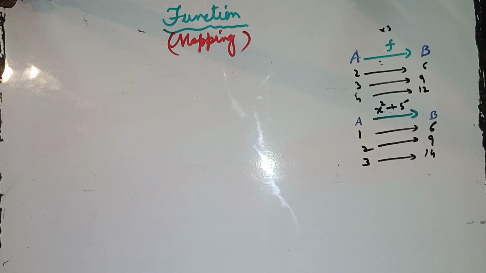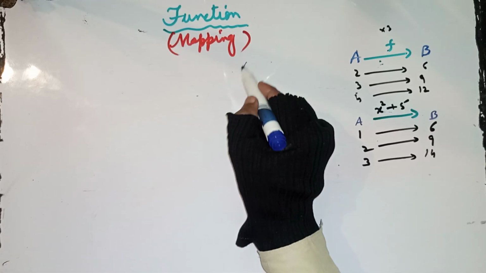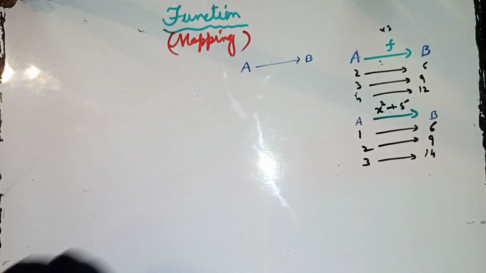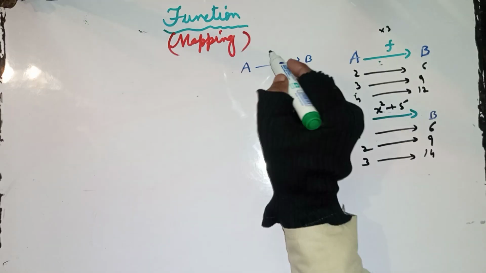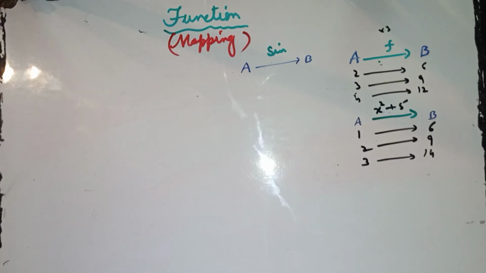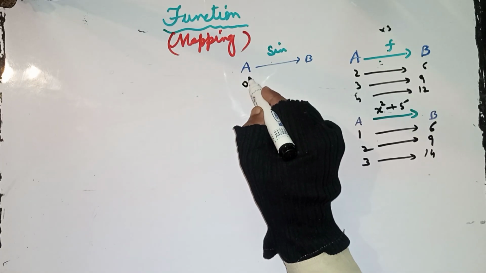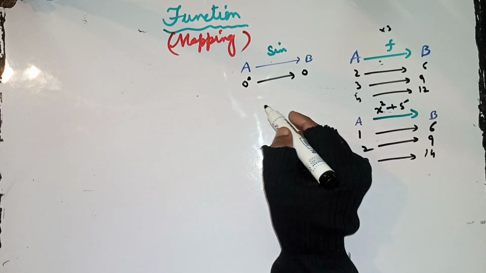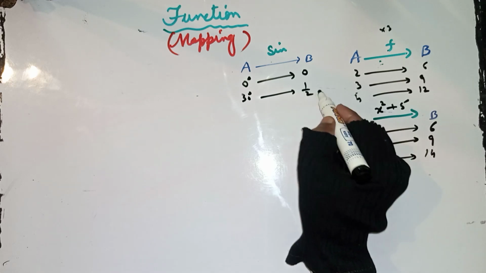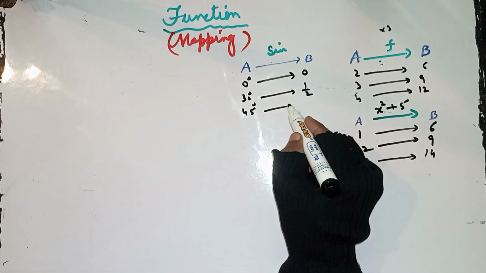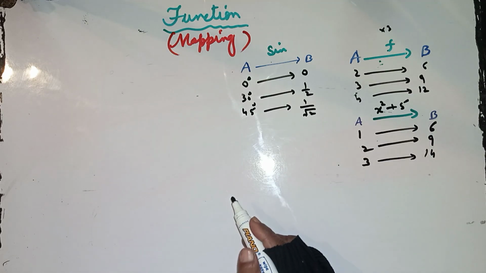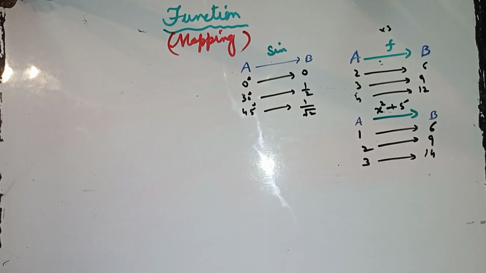Now I take another example. If I have a case where A is converting into B under the operation of sine, as we know, sine 0 degree is 0, sine 30 degree is 1 by 2, sine 45 degree is 1 over under root 2. How do we write these operations?